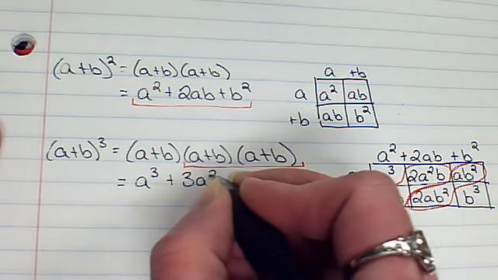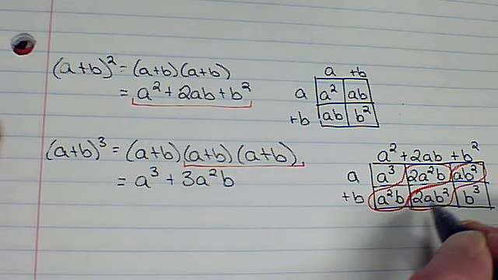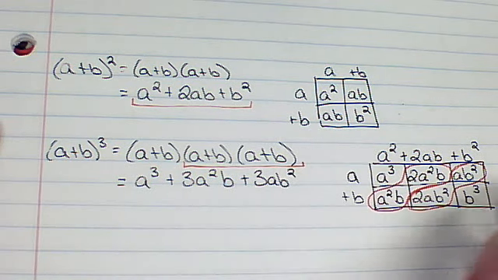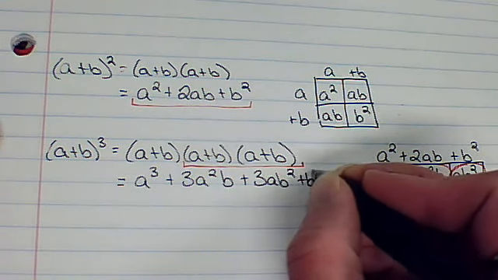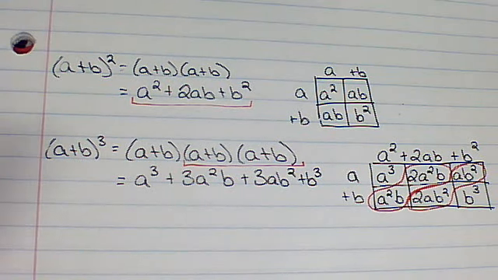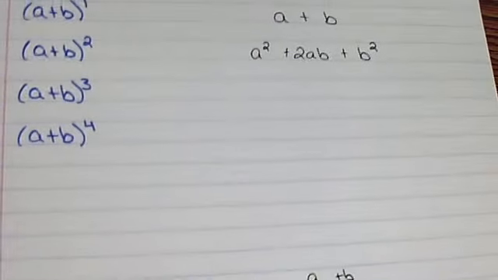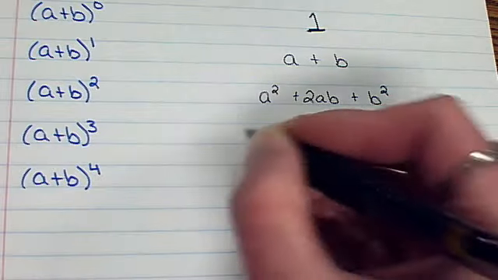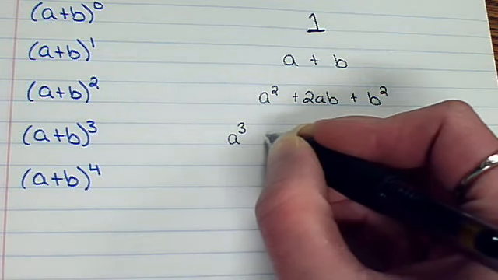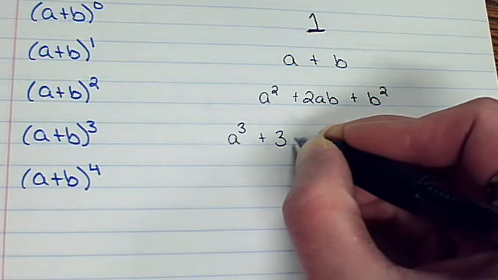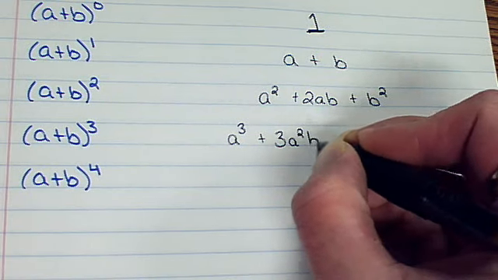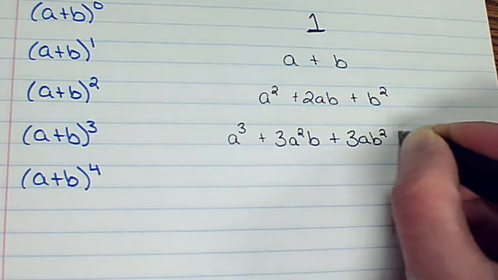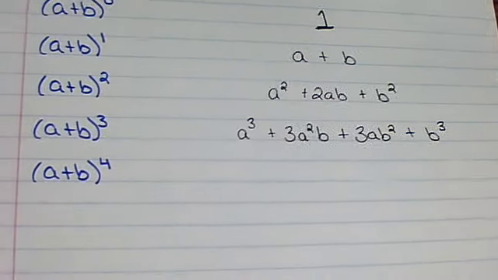That's 3a squared b. 1ab squared and 2ab squared. That's 3ab squared. And then there's a b cubed. So let's go ahead and bring that up to the top. So our new one, for a plus b cubed, we will get a cubed plus 3a squared b plus 3ab squared plus b cubed.